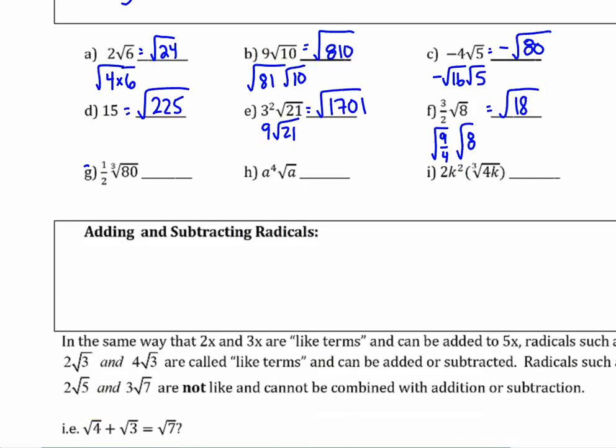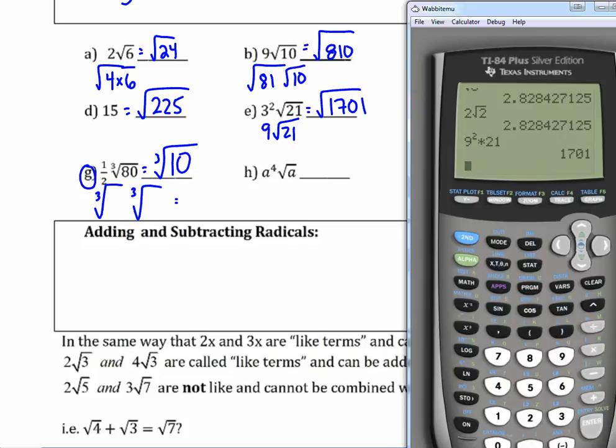Try the next one. This time it's a cubic root. So cube it. If you're cubing it, you're going to put brackets in your calculator. But you should be able to cube one half in your head.